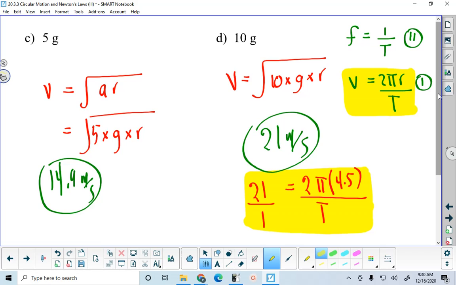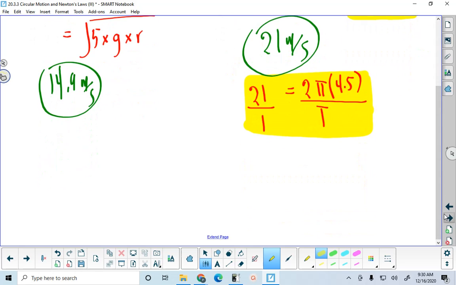Other people can start chiming in here too. 1.346, so you get that. So the period is 1.346 seconds.